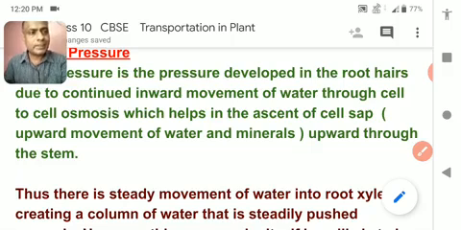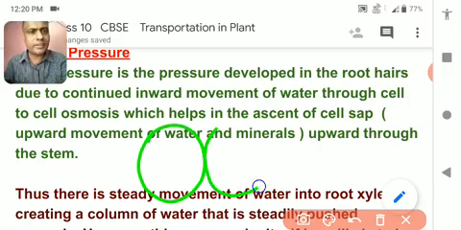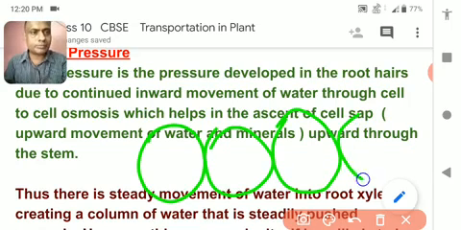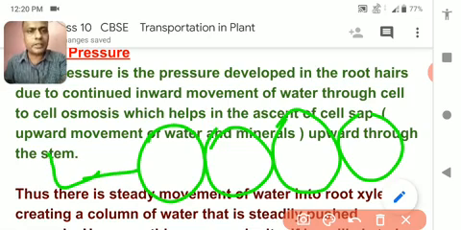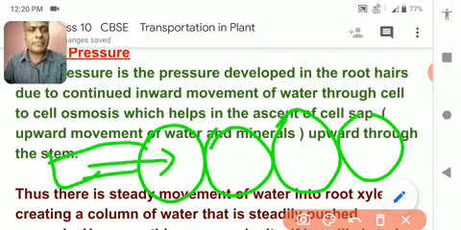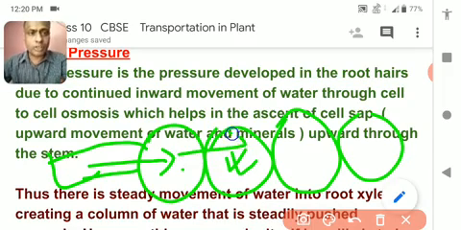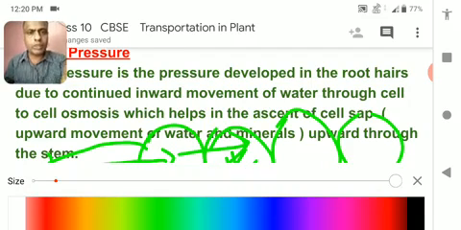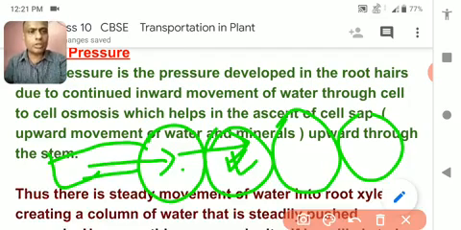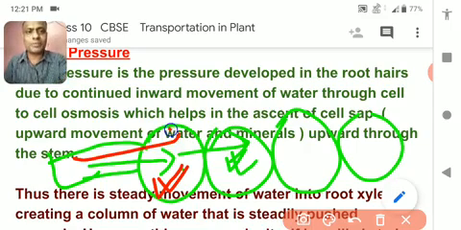Let's see, I am just drawing 4 cells. Suppose this is the root hair. The root hair absorbs and gives the water to this cell. As this cell gets the water, automatically this cell exerts a pressure to draw the water from this cell, and it draws the water. When it draws the water, again a pressure is exerted over here to draw the water from the root.